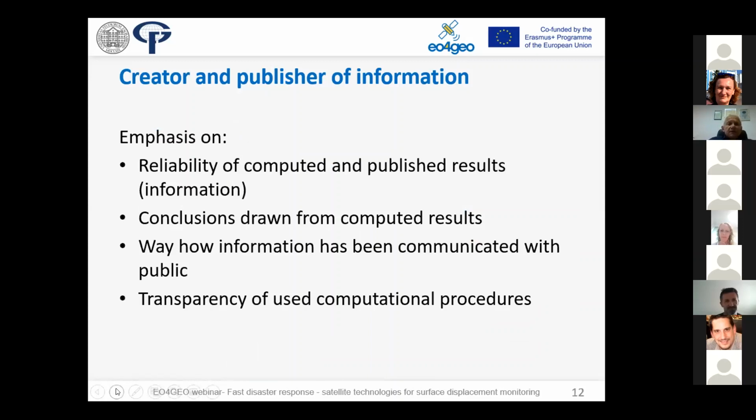So emphasis when we are author of information which will be published is definitely on reliability of computed and published results or information as such. So the information which we deliver should be reliable. Also the conclusions which we are drawing from computed results should be very cautious.